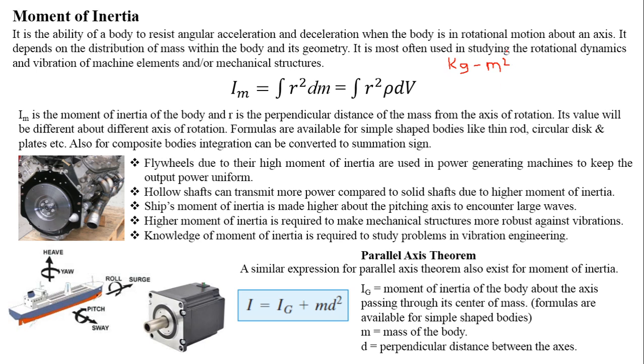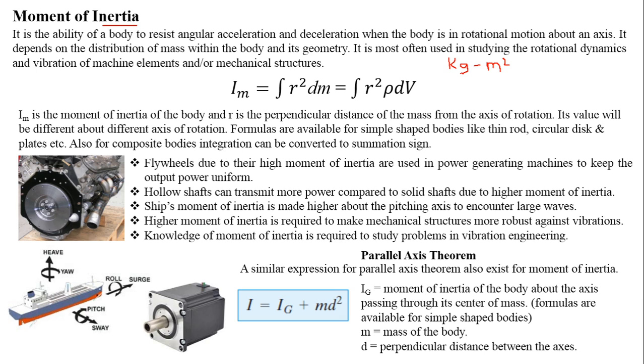So you can look at the unit of moment of inertia and you can look at the unit of second moment of area. Both are totally different things. Second moment of area purely depends upon the geometric property of the cross section.